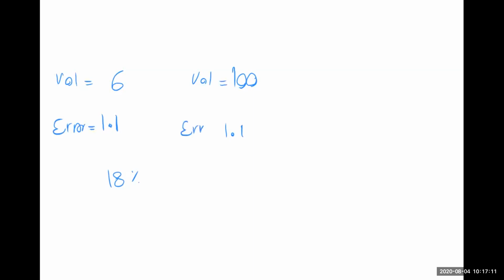Now the error is the same, but the relative error is a lot smaller, because if the volume of the box is 100, we might not really care about this small number. This number is very small relative to 100, although it's not small relative to 6, right? So if we divide by 100, we see the relative error is 1.1%. So the relative error would be a lot smaller. Okay, any question?